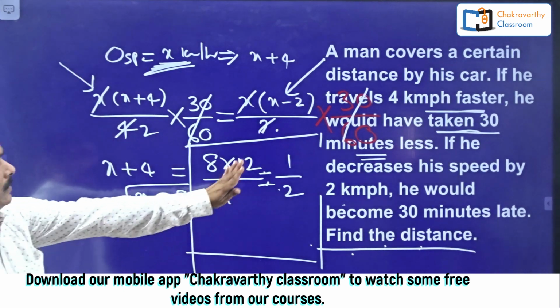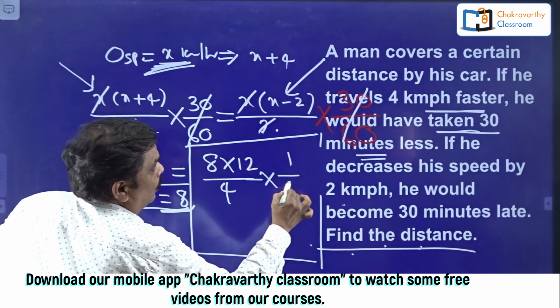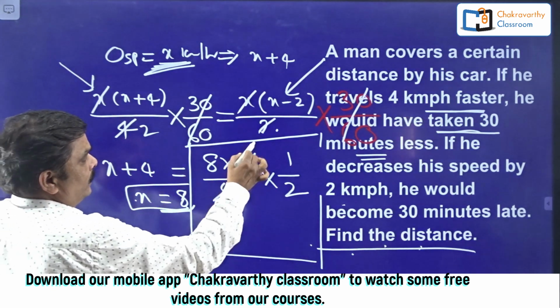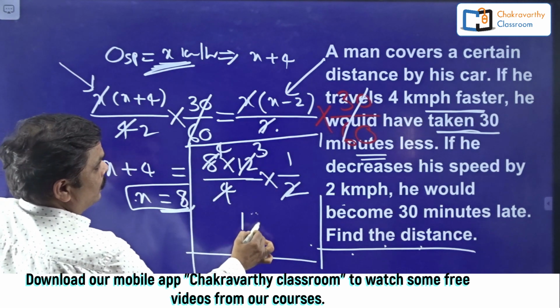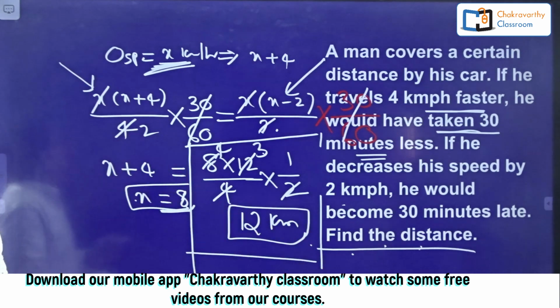Just go for the simplification here. 4 threes are 12. 12 kilometers is the answer.